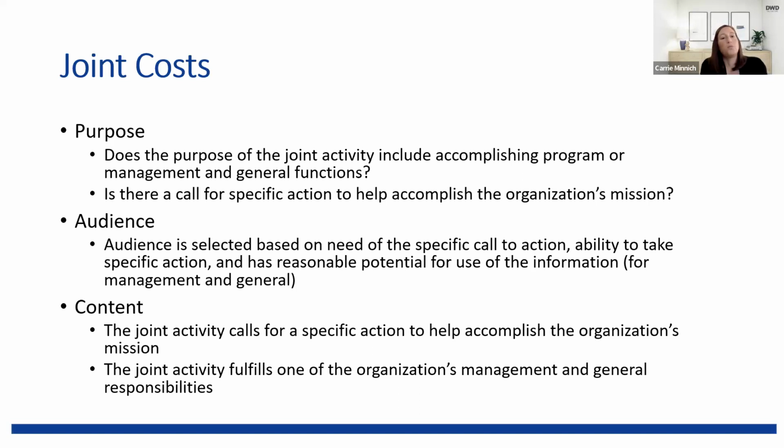The reason that you would want to allocate some of those to program is that funders and watchdog groups, the people that look at your financial statements and your 990, are going to look to see how much of your expenses are allocated to program versus management and general and fundraising. They want to see a high level of expenses in programming because that's what your purpose is, that's what your mission is. And so they want to see that most of your expenses are going to programming.